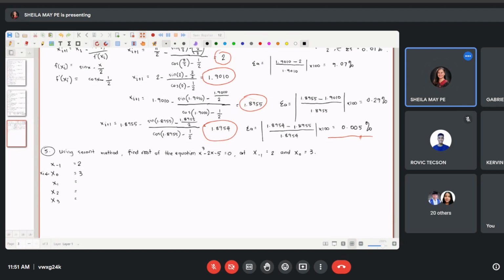What's the formula of our second method? x sub i plus 1 equals x sub i minus function of x sub i multiplied by x sub i minus 1 minus x sub i, all over function of x sub i minus 1 minus function of x sub i. Okay, thank you.